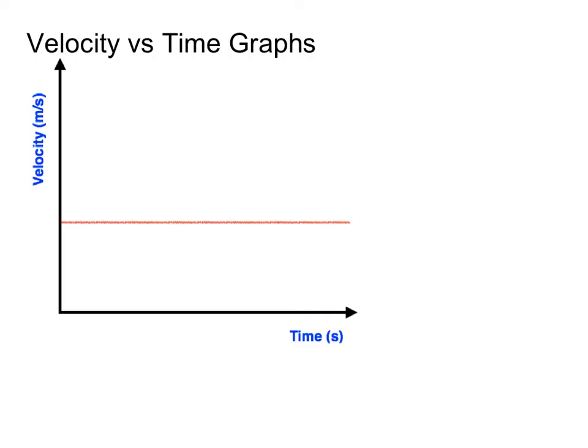All right, so let's get into the nuances of the velocity versus time graphs. So first off, we've got a horizontal line, and let's say that it hits the y-axis here at, I don't know, 2 meters per second. So we know that the y-intercept gives us the velocity.